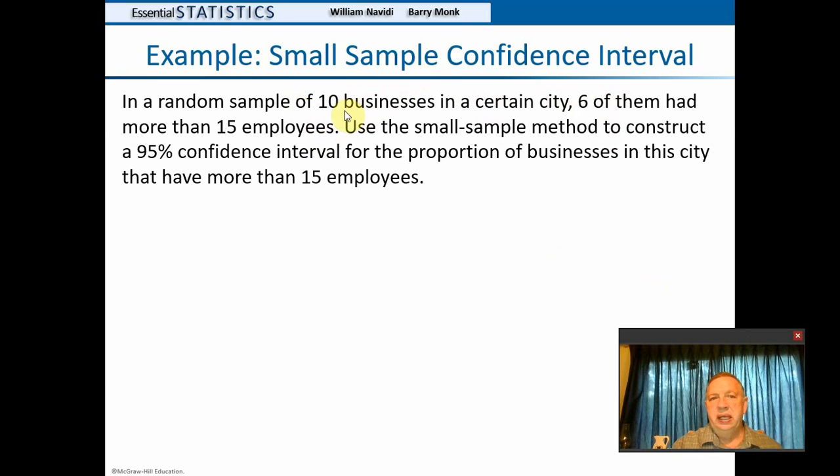For the np, I've got 6 in the category, 4 outside the category. So neither one of those makes np greater than or equal to 10. So I've got to use the small sample method.